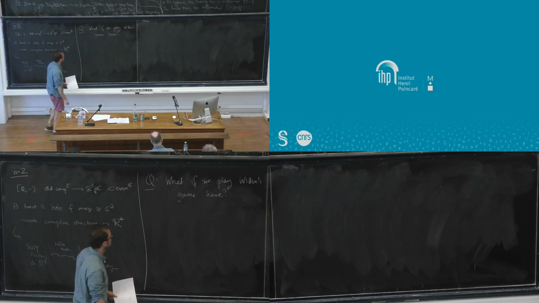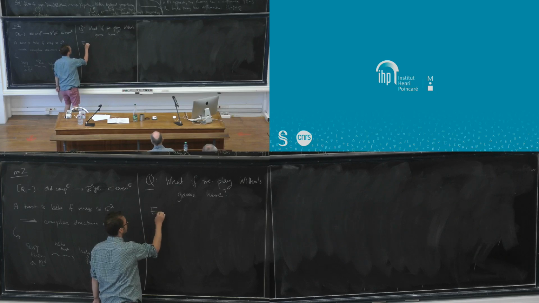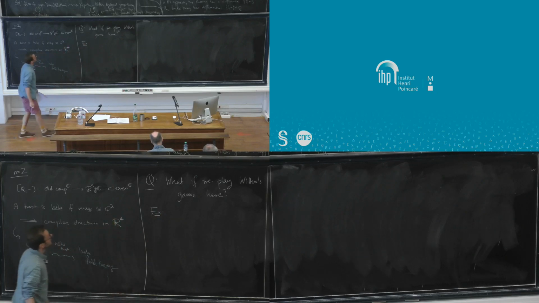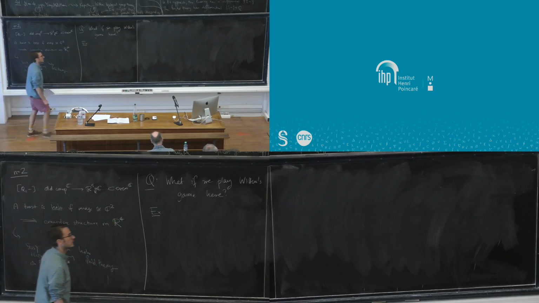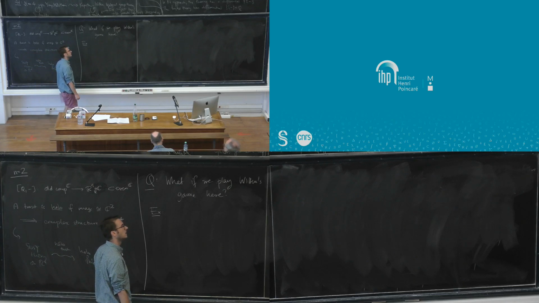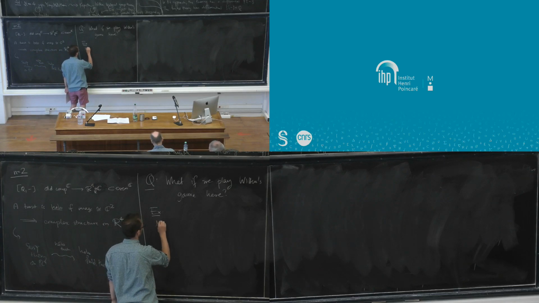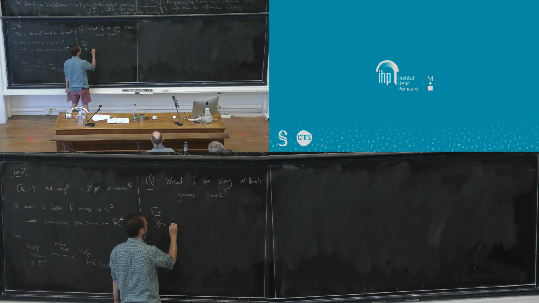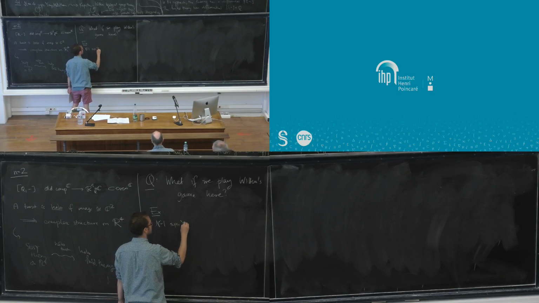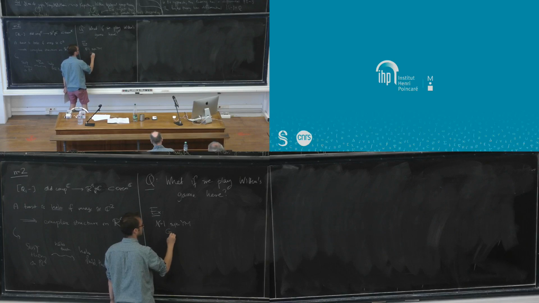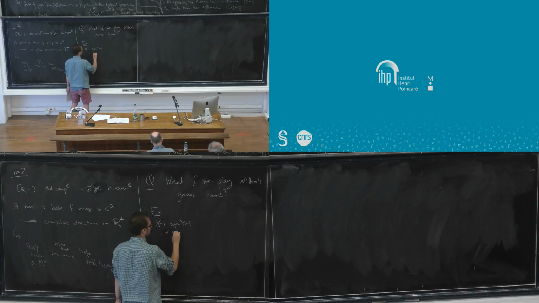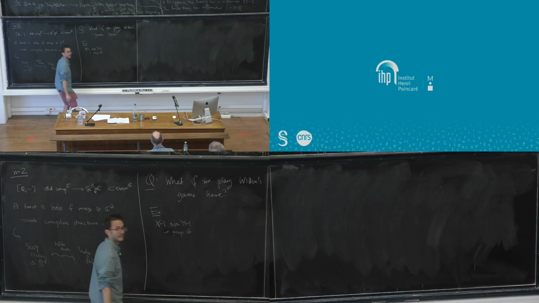Okay. So let me write down an example. I'll just tell you the answer; I'm not going to show it to you. There's a thing called N equals 1 super Yang-Mills with group G. Think about something like SU(N).